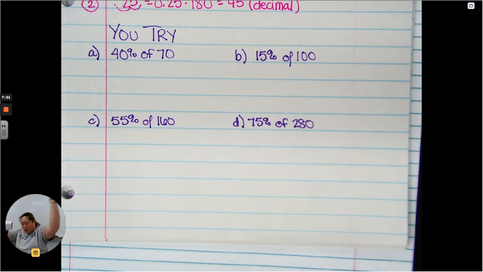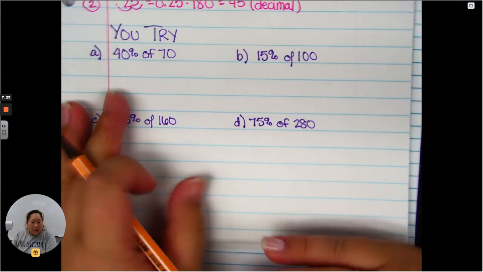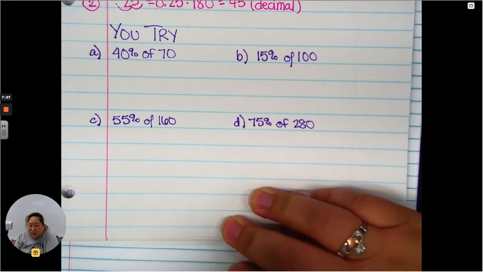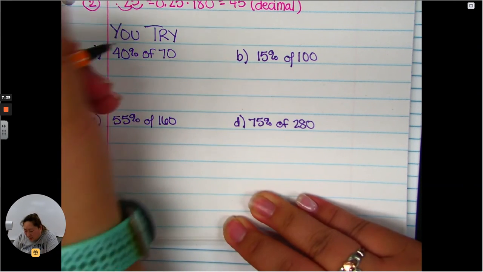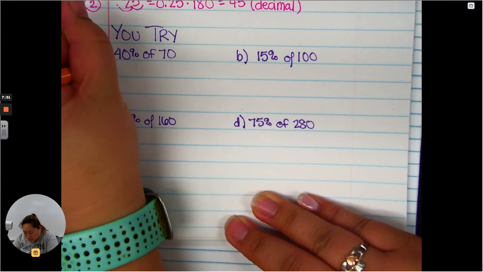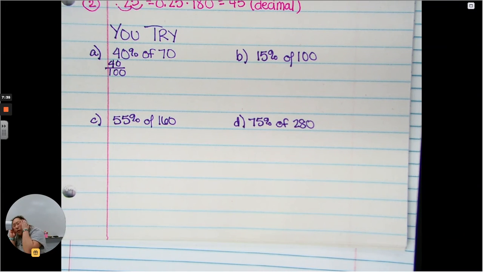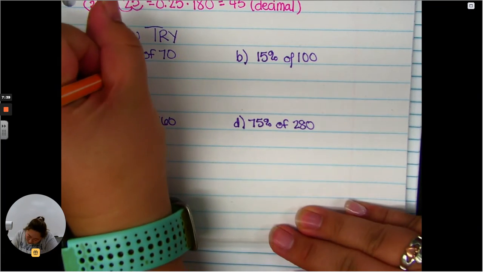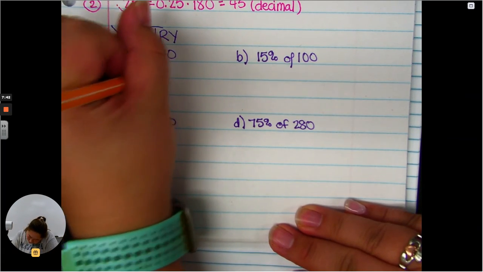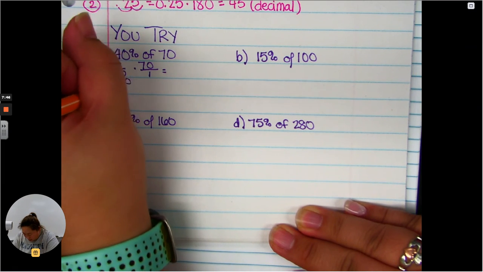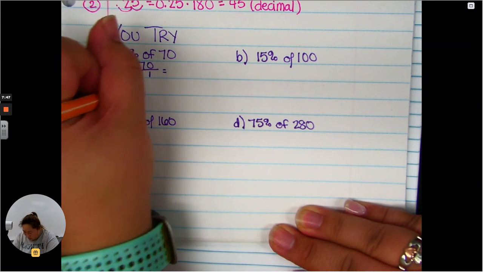Okay. Woohoo! We're back. Yes. I know you guys all did these. I personally like really doing them by fractions, because it's really easy for me. Because it's always over 100. Percents are always over 100, which makes my life so much easier. Of 70 over 1. This becomes 280 over 100.